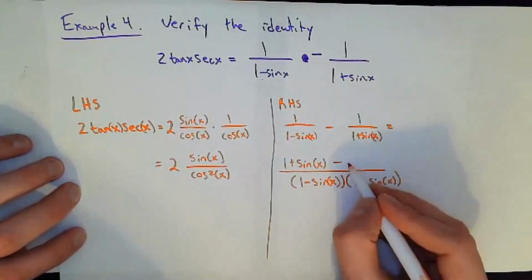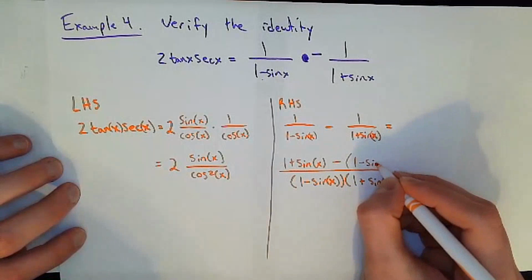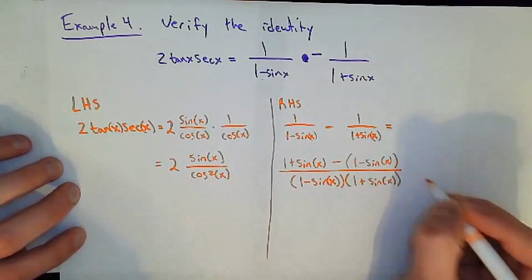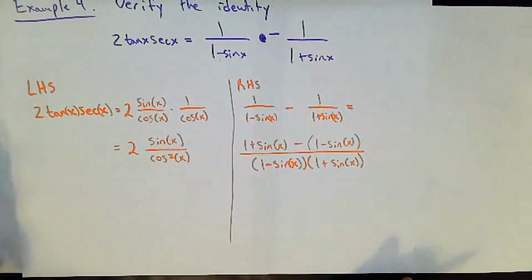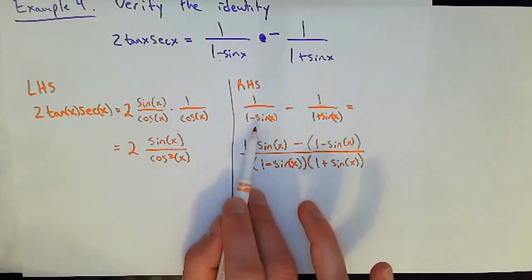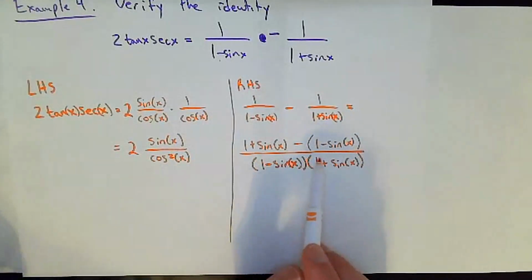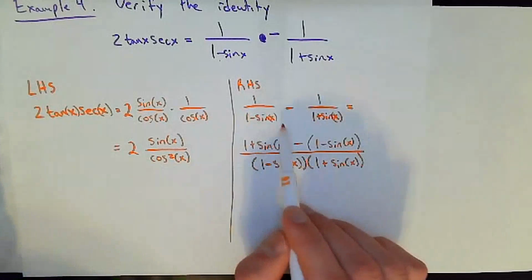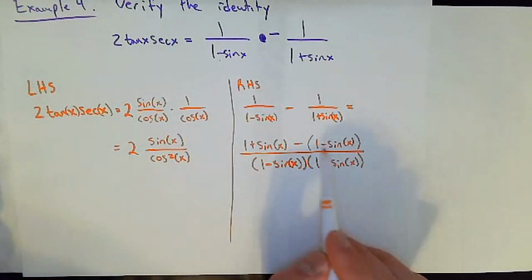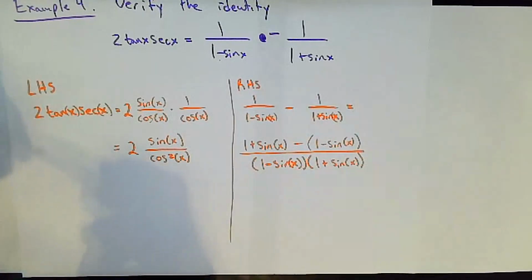And since I'm subtracting the entire fraction, I need to make sure that I wrap it in parentheses, and I'm going to say 1 minus sine of x. That's very important: if you're subtracting an entire fraction like this, and then you get a common denominator and stuff the fractions together, you've got to remember to write the part you introduce over here in parentheses, so you remember to subtract both of the terms.